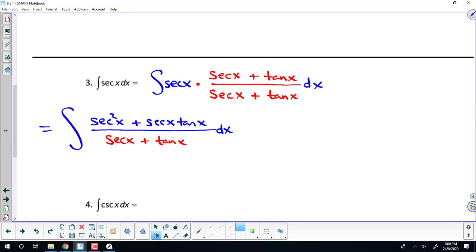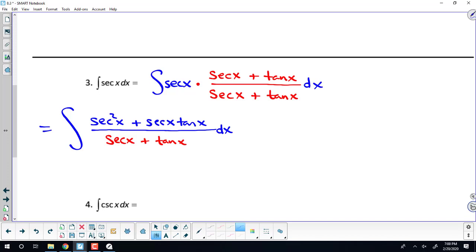What's the derivative of the bottom? What's the derivative of secant? Secant x tangent x. There's no negative though. So the derivative of secant is secant tangent, plus the derivative of tangent, which is secant squared.